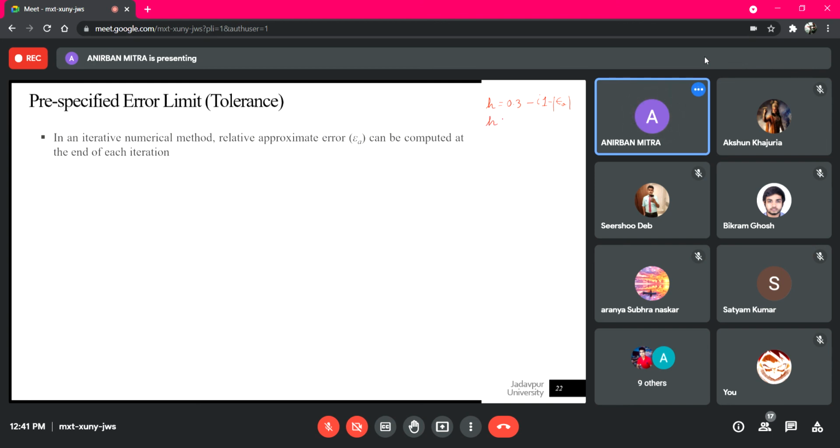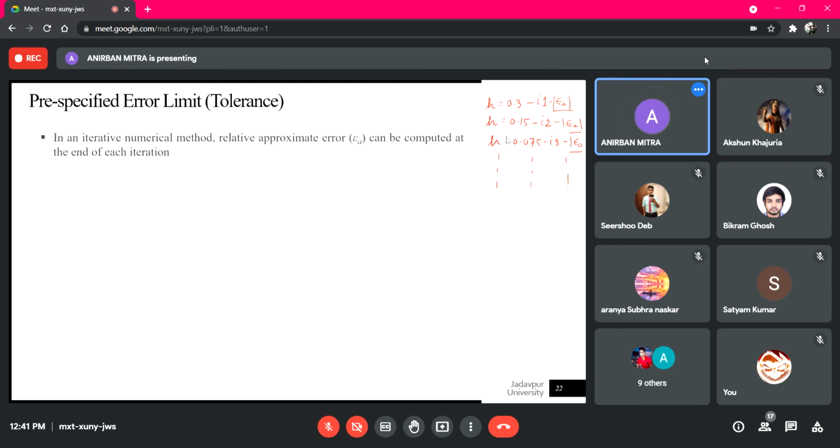Next, we have 0.15. This is iteration 2, and we get some epsilon A at the end as well. Next, we have 0.075. That is iteration 3, and again we calculate an approximate error. Like this, you can continue, and at the end of each iteration you will have an approximate error.